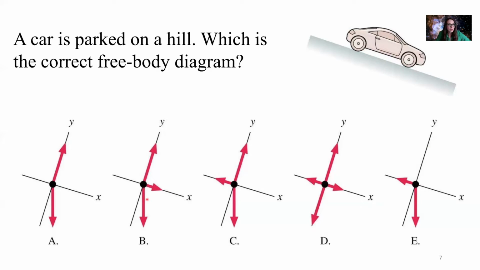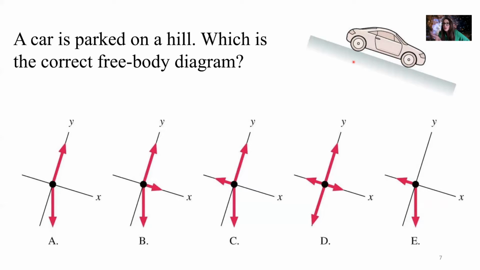The only ones where the weight is pointing straight down are the first 3 here. And then we have the friction force, the friction between the tires and the surface. That's what's keeping our car from rolling down the incline.